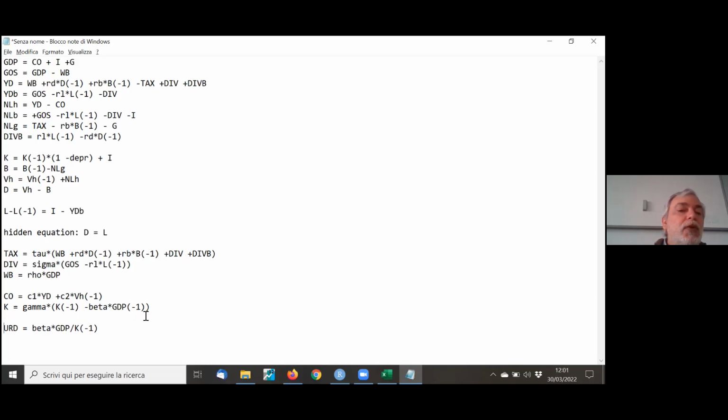Or we could use the concept of so-called capital productivity. If the stock of capital is not totally used, you have that output is below potential with respect to an average ratio of output to capital. So let's try to work this out.